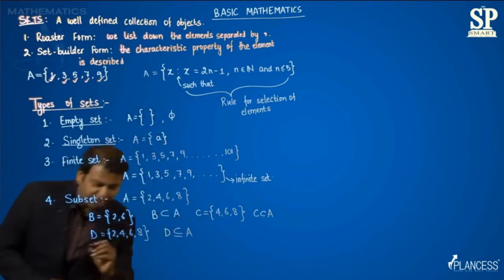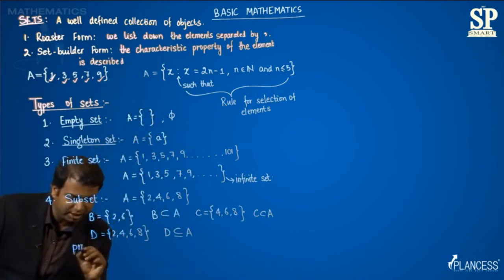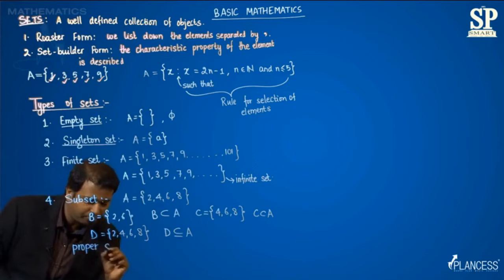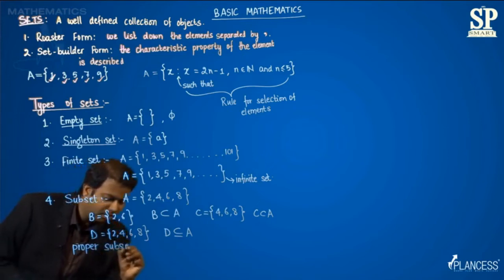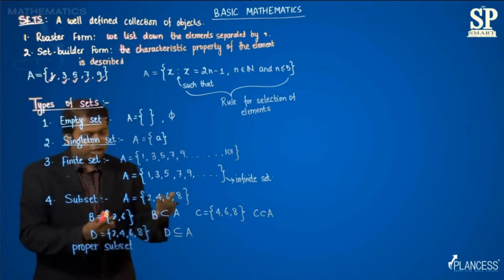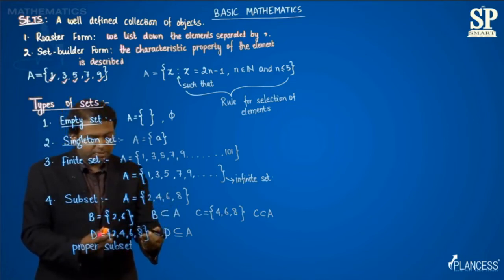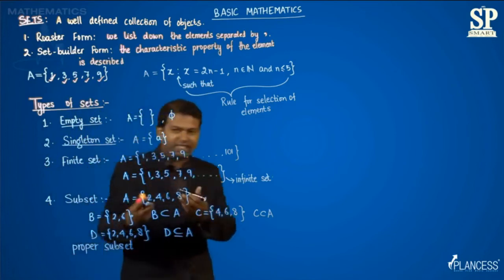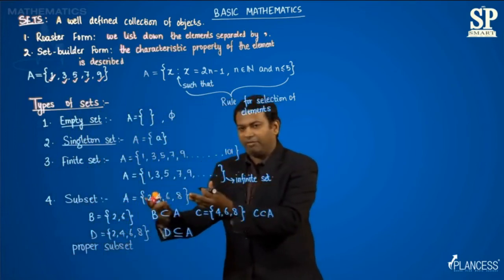But there is another definition which is something like a proper subset. A set is said to be a proper subset if all the elements of the subset are not exactly the same as the set that we have previously.